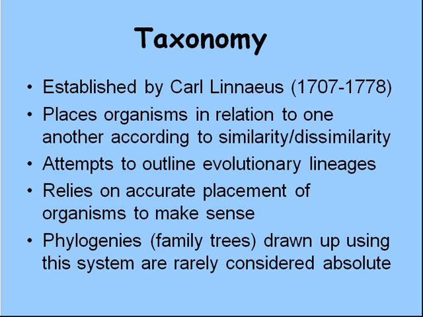Now, the problem with that is that maybe they have evolved in two different groupings independently. The same type of thing may have evolved independently, but it was the first attempt to classify things, and it was essentially based on what you could observe about that organism.